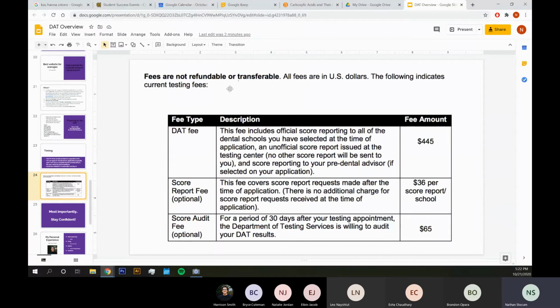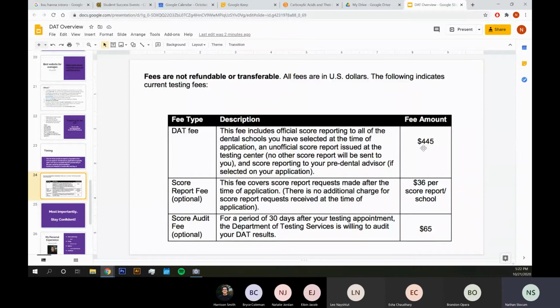And again, fees are not refundable or transferable. And it's a test you've got to take seriously. Just like the SAT or ACT, it's expensive, it takes a lot to study for, it takes a lot of mental effort, and you want to do it right the first time. But if you don't, there's always a second time.